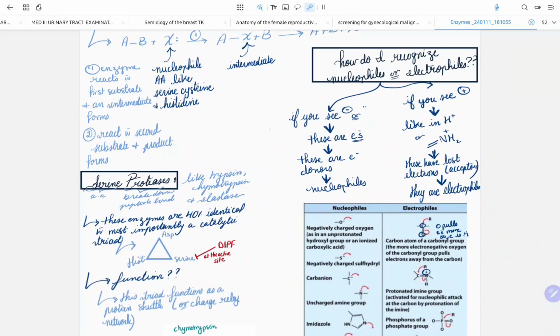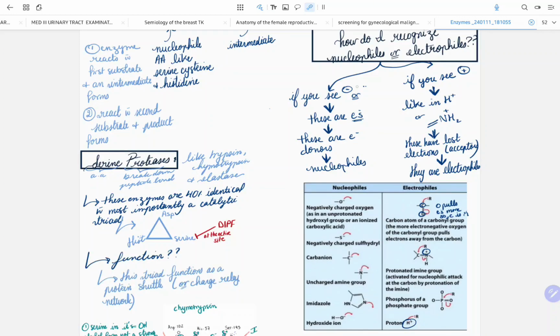So now, how do I recognize nucleophiles or electrophiles? For nucleophiles, if you see a negative sign like here, here, here, or these electrons here and here, these are electrons, which means that these nucleophiles have gained these electrons and now they can donate these electrons, okay?